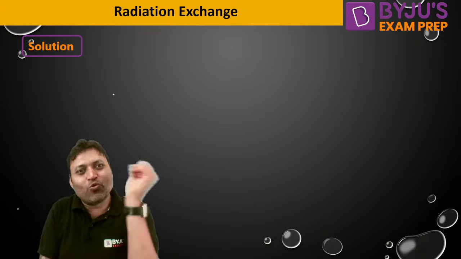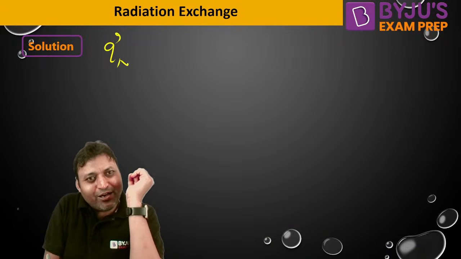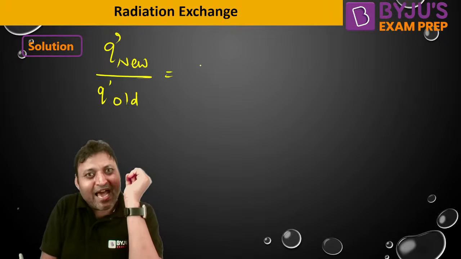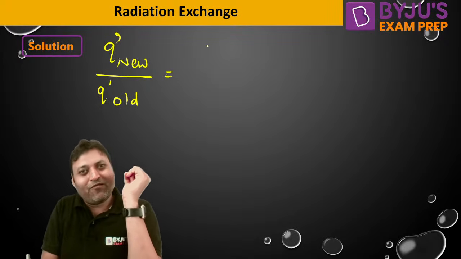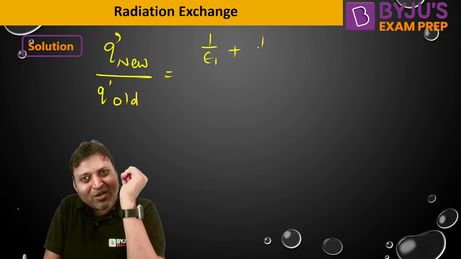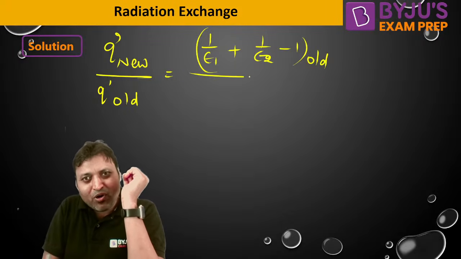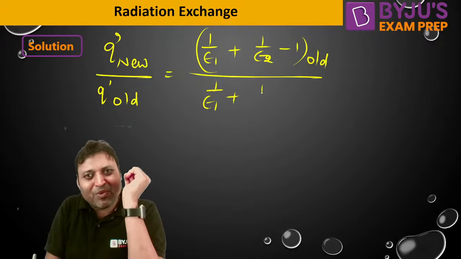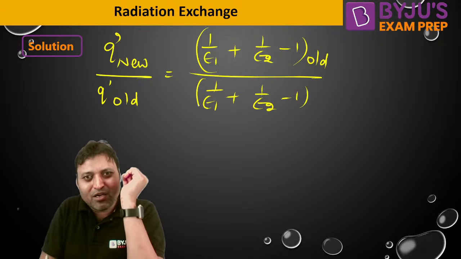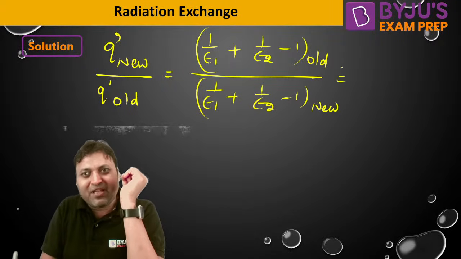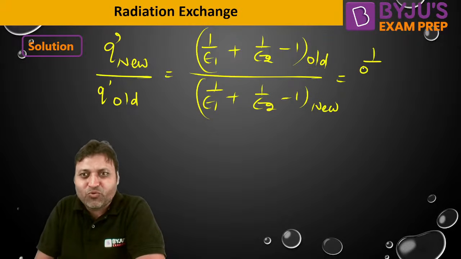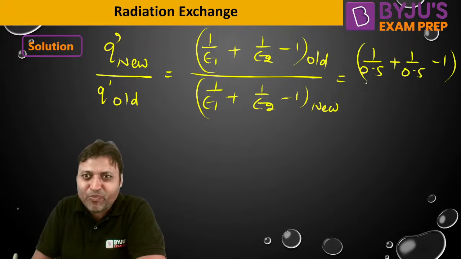So if we want to write Q dash new divided by Q dash old, then we will have 1 upon epsilon 1 plus 1 upon epsilon 2 minus 1 old, upon 1 upon epsilon 1 plus 1 upon epsilon 2 minus 1 new. So if we write the old expression, it is 1 by 0.5 plus 1 by 0.5 minus 1 in the numerator.